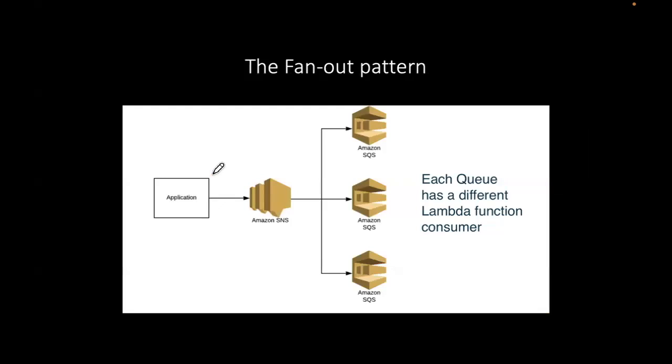This fan out pattern is a very common pattern, a sort of architecture structure that you see a lot when SNS is being used. You have a number of subscribers. There are different versions of this fan out pattern, but one version is where the subscribers are all SQS queues, and each of these queues has a Lambda consumer.